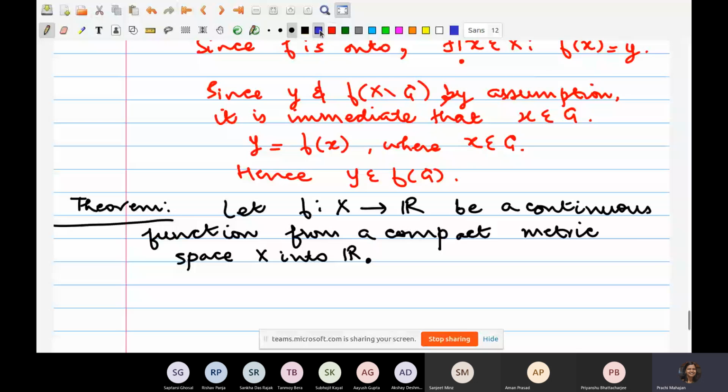For example, let's recall, we proved it rigorously in class. I'm writing something in blue ink. You look at the set 1 by n, as little n varies over the set of natural numbers, union the singleton 0. This is certainly not an interval, right? But this is compact.